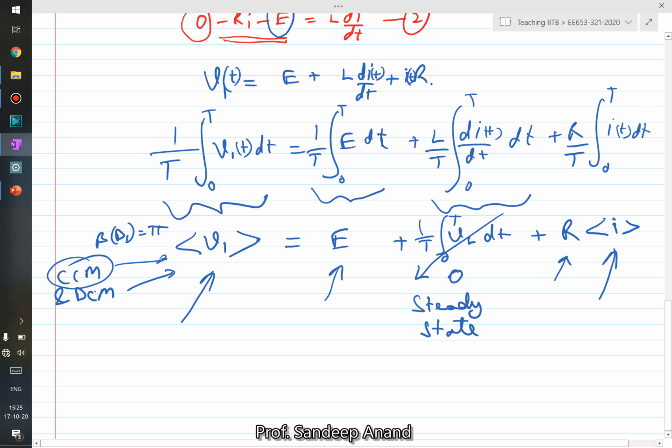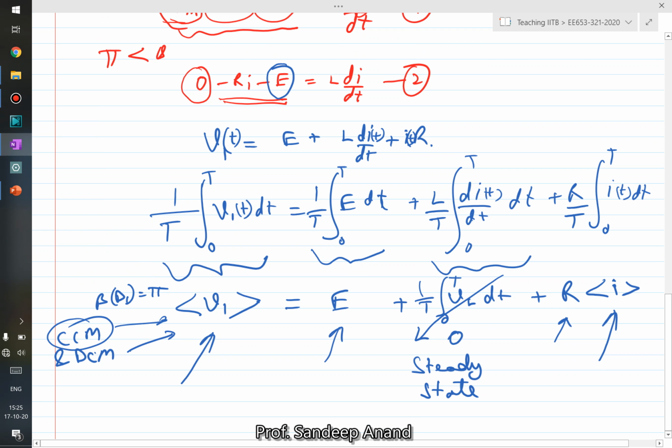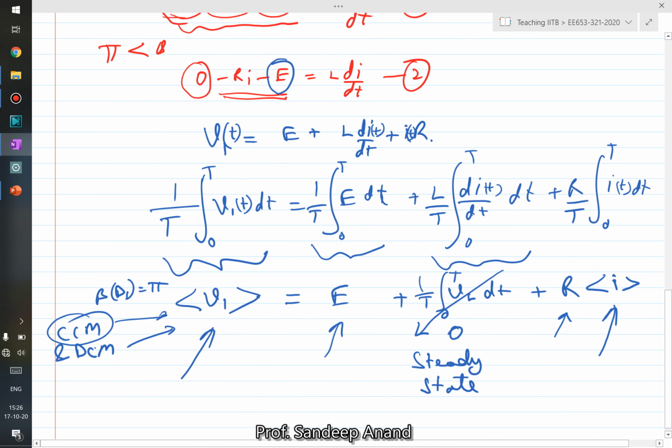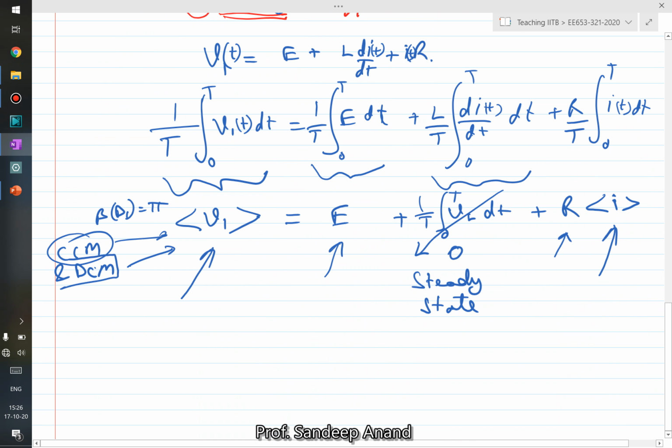If you are operating in discontinuous conduction mode, then if you see the waveform, there is going to be E, starting from the instant when the current becomes equal to 0 till this point, and therefore this instant becomes important while calculating the average value of V1. And therefore in DCM it may be a little bit more challenging. In CCM it can help you solve the problem really fast.